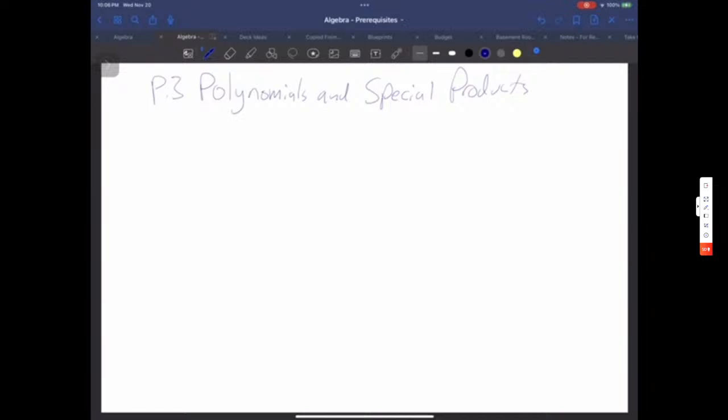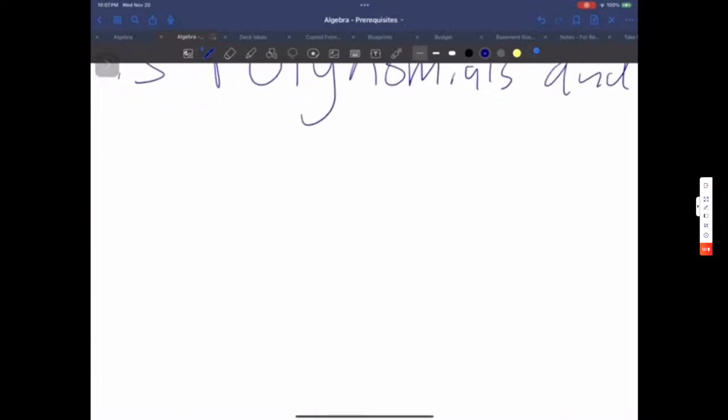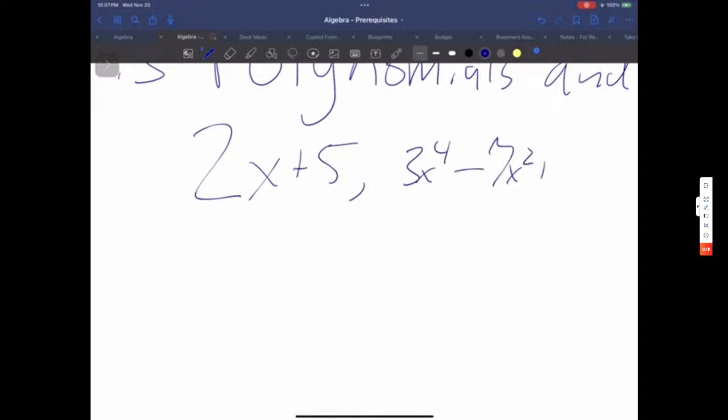This chapter 3, one of the prerequisites, is on polynomials and special products. The most common type of algebraic expression is called the polynomial, from poly, many, and nomial, which translates kind of into terms. Examples of polynomials are 2x plus 5, and 3x to the 4 minus 7x squared plus 2x plus 4.